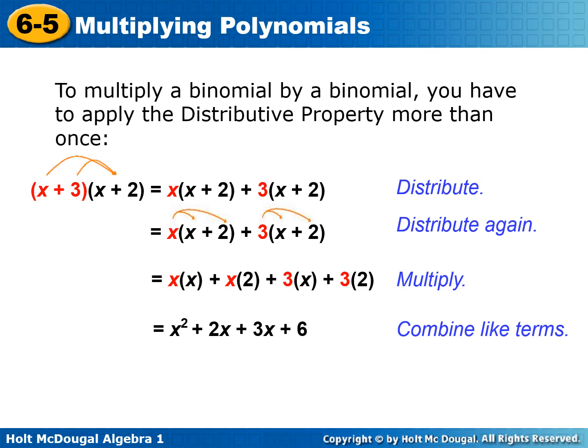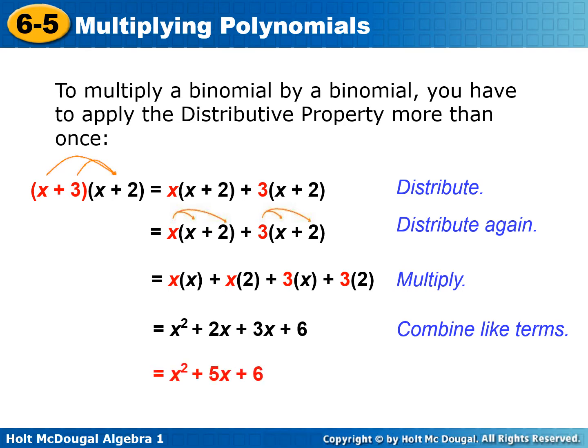Okay, and notice that we have here like terms. Remember what we mean by like terms. Like terms are terms that have common variables and equal exponents. They have the same exponents and the same variables. So we have here 2x and 3x. We have to combine them and simplify.